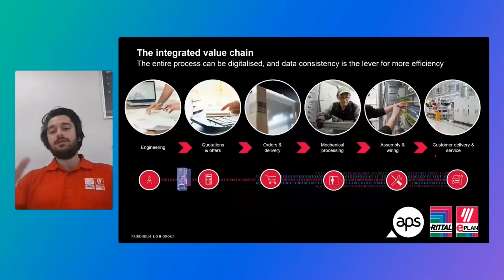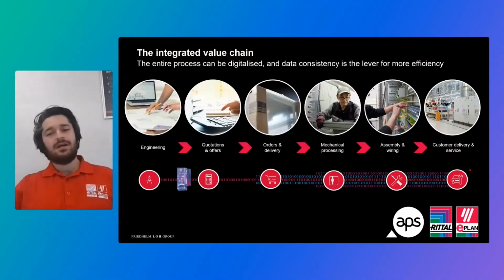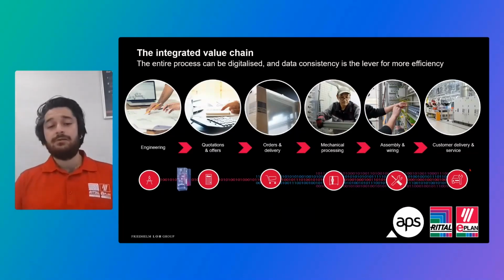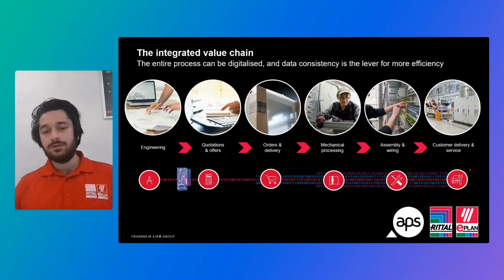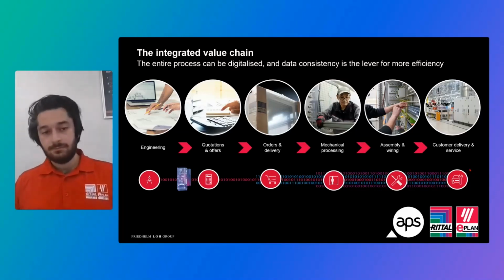Now, let's streamline these processes a bit. We talk about engineering, quotations, order, mechanical processing, assembly, and customer delivery and services. At the bottom of the slide, you see binary codes like 01, 001, 100. That's just a representation of data collection.